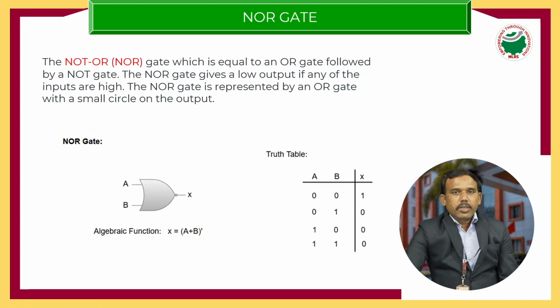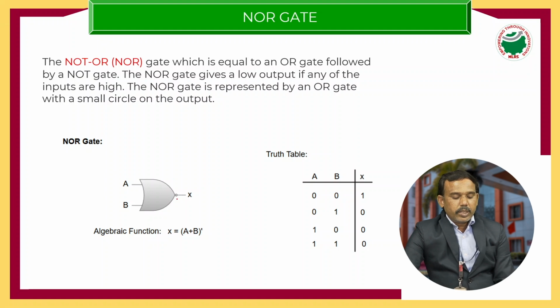NOR gate. The NOR gate is equal to an OR gate followed by a NOT gate. The NOR gate gives a low output if any of the inputs are high. The NOR gate is represented by the OR gate symbol with a small circle on the output. This circle represents the NOR gate. The Boolean expression is X equal to (A plus B) complement.